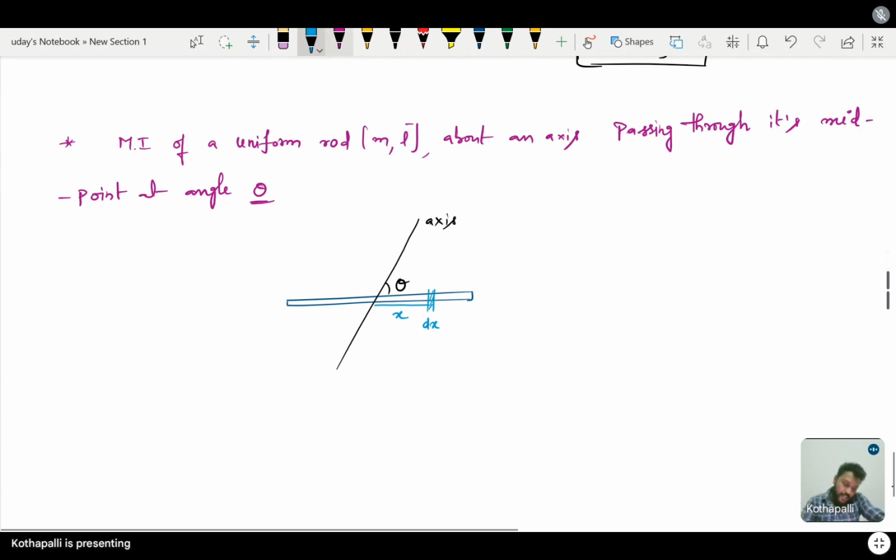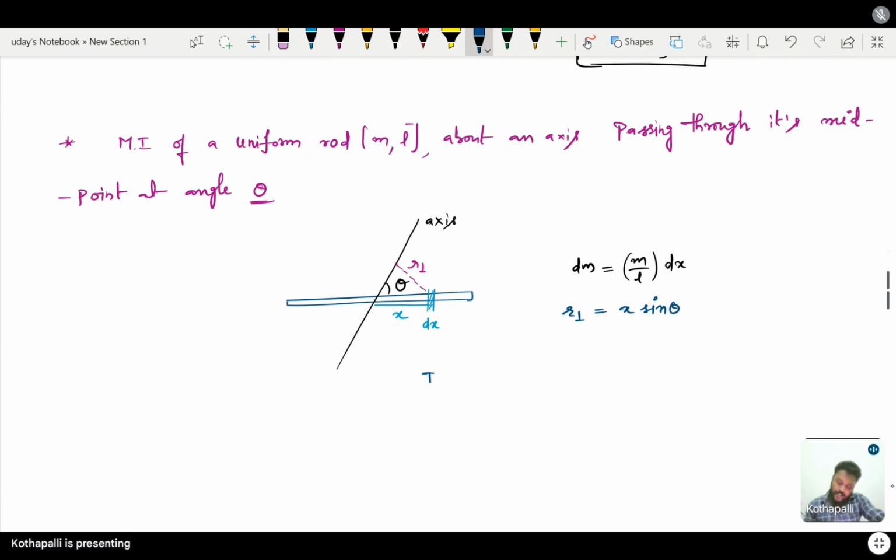The perpendicular distance of this dm will be like this. We already know the dm value we calculated in the previous case, which is m by L into dx, and our perpendicular value, which is x sine theta.